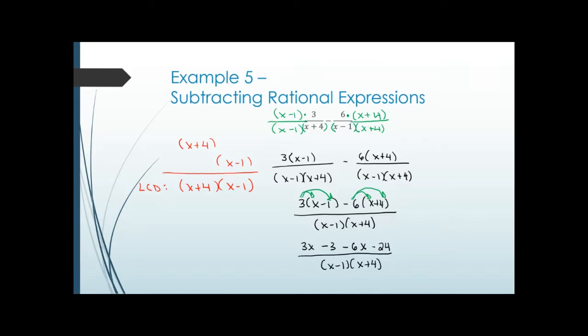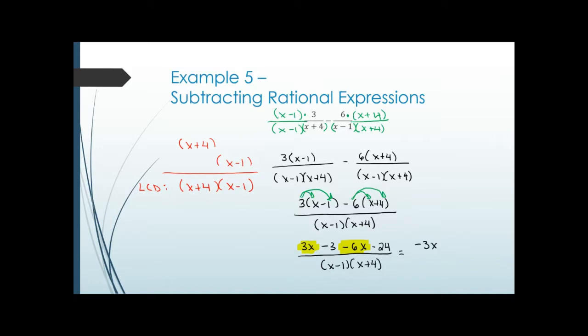Okay. So the next step from here is to combine our like terms on the top of the fraction. If I look at my x's, 3x and -6x, those can be combined. That's 3 minus 6. So I'm going to just move to the right here because I'm running out of vertical space. 3 minus 6 is -3, so that's minus 3x.